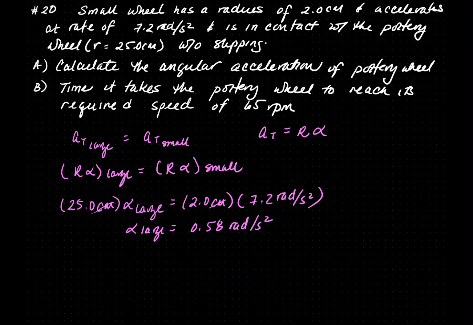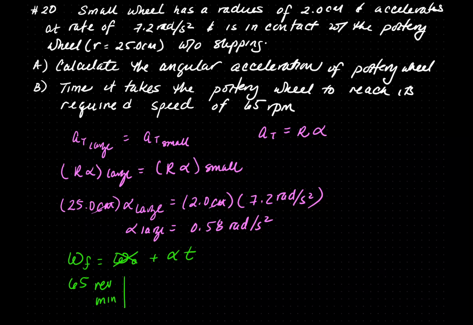In part B, we're finding the time it takes for the pottery wheel to reach the required speed. Since it's starting at rest, we know omega final is equal to omega initial plus alpha t. This becomes 0, and we are looking for time. The omega is given in RPMs, revs per minute.